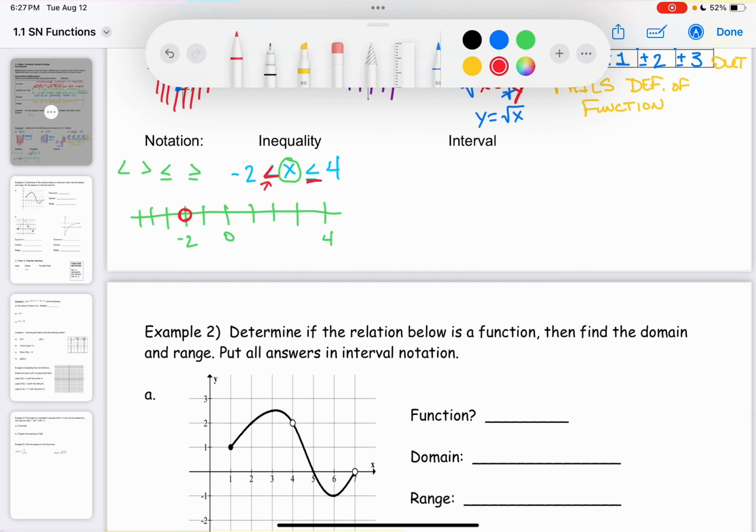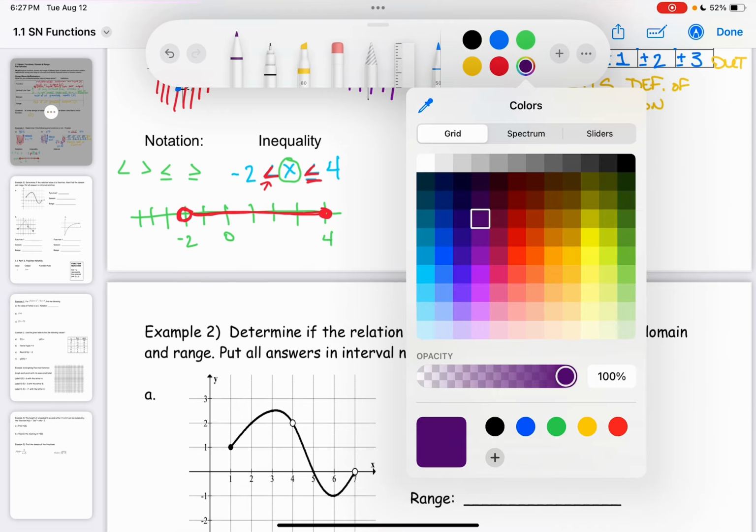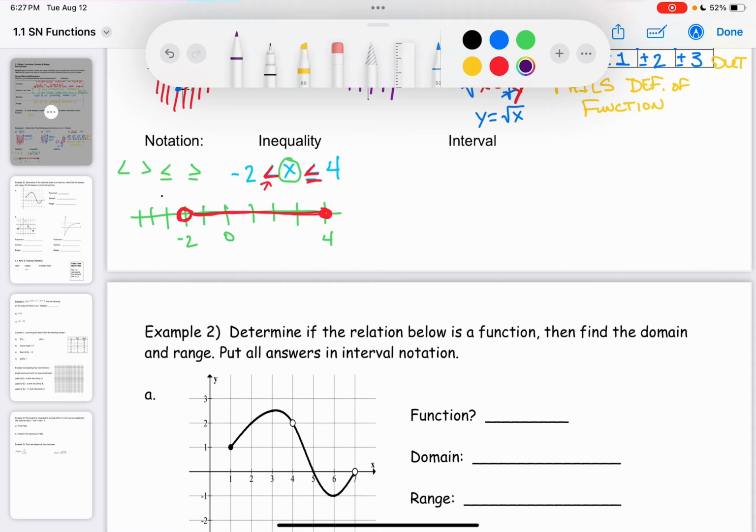And since this is a less than or equal to, we would put a closed circle. All of the numbers that fall from this open circle to this closed circle are potential solutions. That's inequality notation. We would say that the negative 2 is excluded, and we would say that the 4 is included.